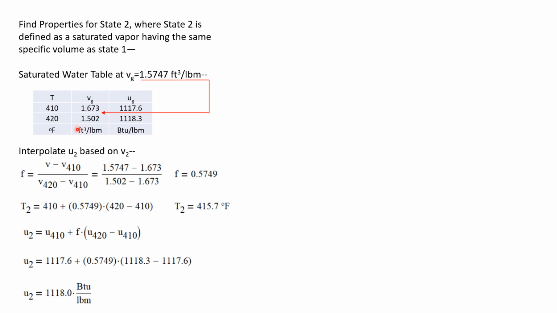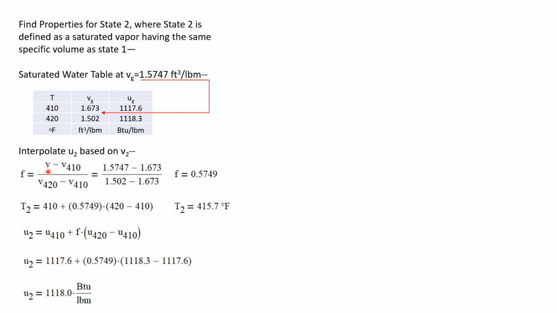So we're going to interpolate between these two rows in the table to get a value of temperature and a value for internal energy. Based on the specific volume, which we know, we can calculate an f value for our interpolation formula.